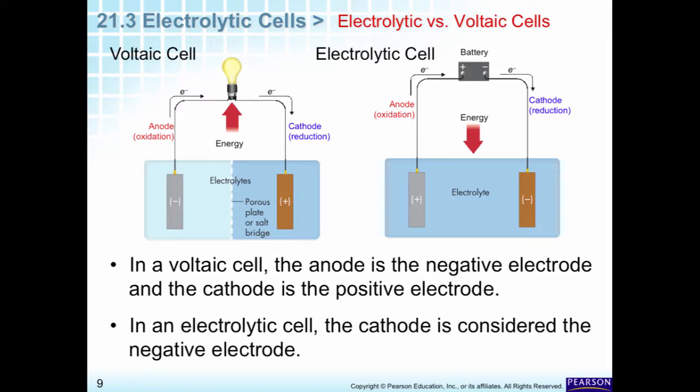And as I mentioned before, in a voltaic cell the anode was negative and the cathode was positive, but in an electrolytic cell, it reverses. So if you see that marking, it can also tell you what type of cell you have.